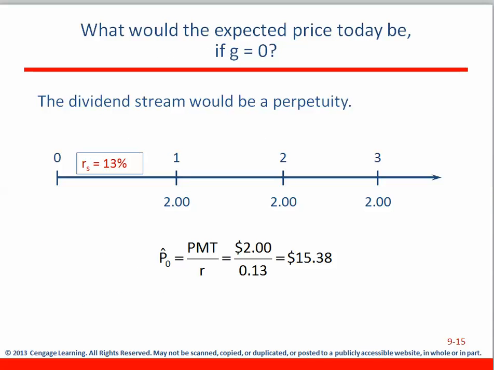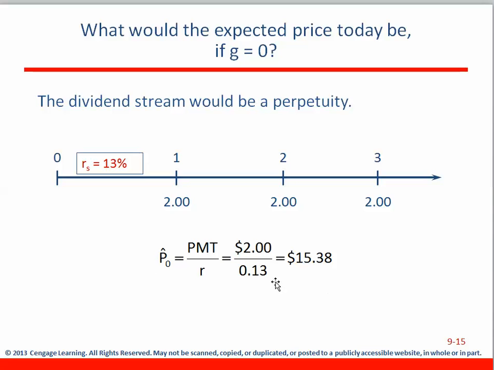What would be the expected price today if growth was 0? Well, if dividends are growing at 0, then they're going to be 2, and so our formula is still the same, D1 over RS minus G. D1 is going to be equal to 2 because it's not growing, and RS minus G is going to be 13 minus 0. And so when growth is 0, it just devolves into payment over R. But it's the same exact formula, it's just that G is 0.